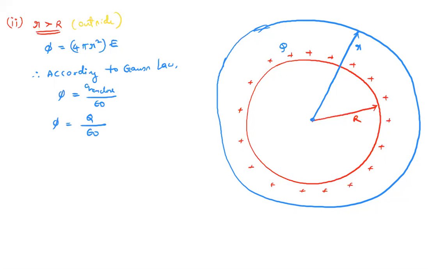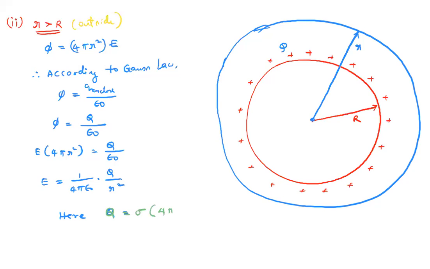As we know, flux is E times 4 pi small r square, which equals Q by epsilon naught. Therefore the electric field intensity is 1 by 4 pi epsilon naught Q by r square. Here capital Q is the surface charge density into the surface area.